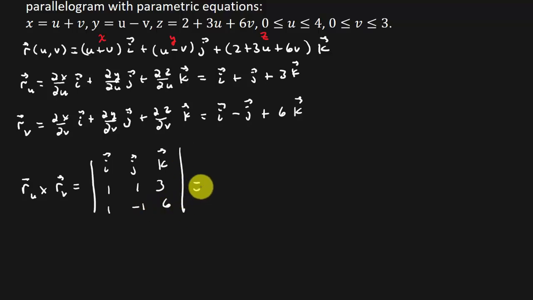All right, so let's see what we get here. Crossing out the i column, that's 6 minus negative 3, which is 9i. Minus, remember, sign changes, covering this up, 6 minus 3 is 3j.